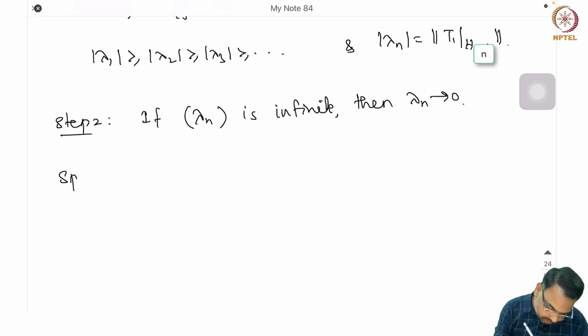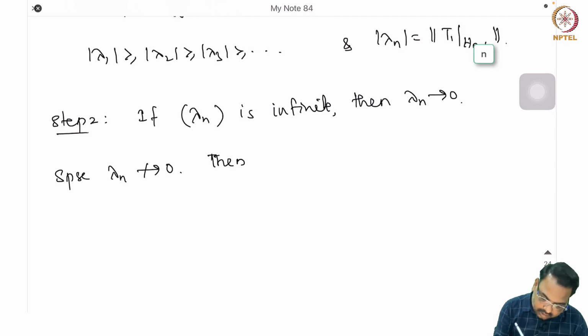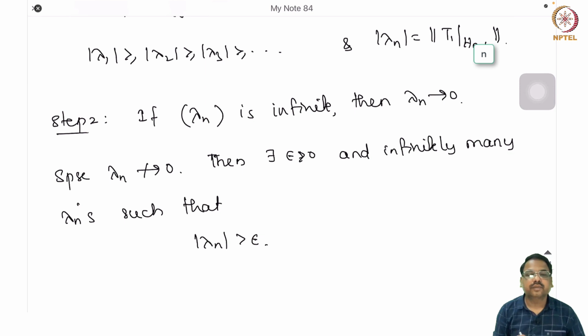Suppose lambda n does not converge to 0, then there exists an epsilon and infinitely many lambda n's such that mod lambda n is bigger than epsilon.